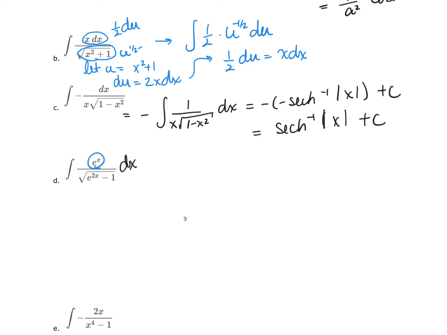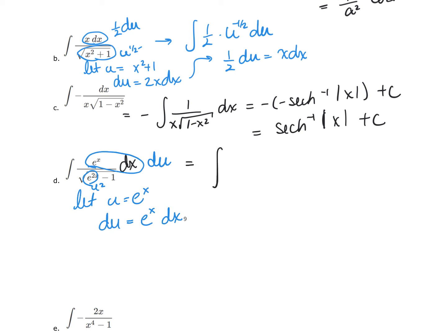So let me erase that. Let's let u equal e to the x. And then du is equal to e to the x dx. So then this gets replaced with du, and this gets replaced with u squared.